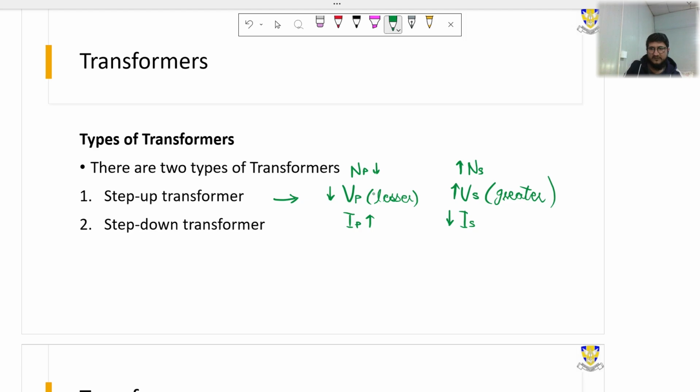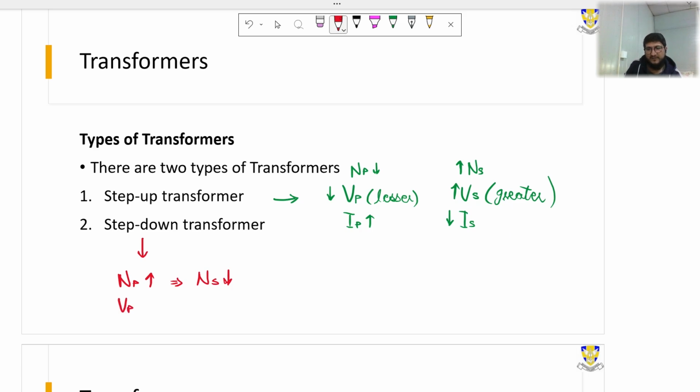Now, when you talk about the step down transformer, you can say that it's reciprocal to the step up transformer. उसका बिल्कुल opposite हो जाता है. So over here, the number of turns in the primary coil is more as compared to the number of turns in the secondary coil. Okay. Now let's talk about the EMF.